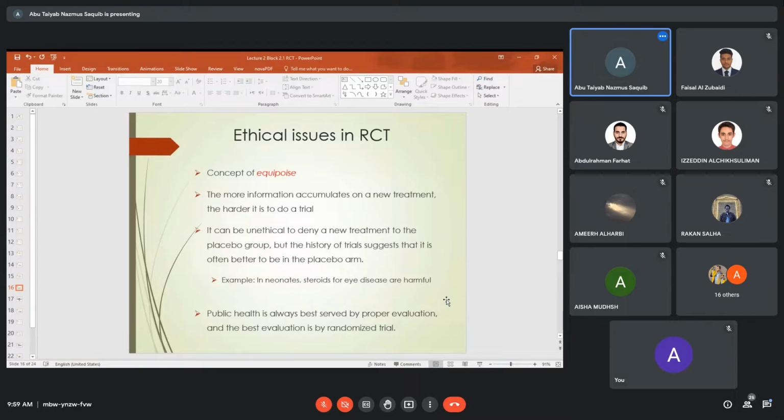Out of fear, you may enter into the study. So there are many ethical issues in randomized controlled trials, from harmful interventions to compromised populations. You cannot do the RCT. Okay.